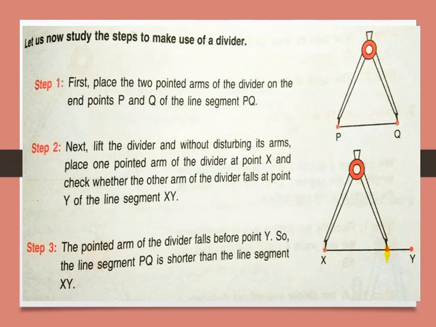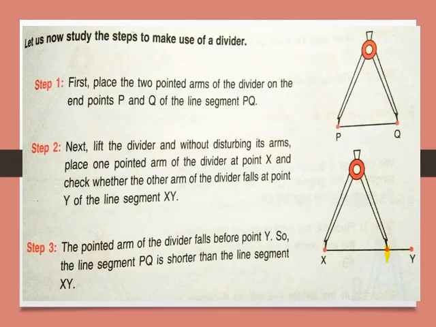Now the use of the divider. First, place the two pointed arms of the divider on the endpoints P and Q of the line segment. See here. Then lift the divider without disturbing its arms. Place one pointed arm of the divider at point X and check whether the other arm falls on Y or not. If not, that means PQ is less than XY.